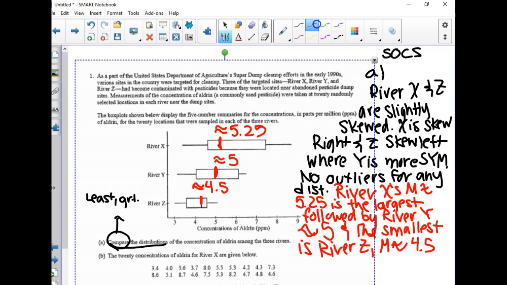Okay, next, let's talk about the IQRs. IQR, what is IQR as a review? Interquartile range, which is quartile 3 minus quartile 1. Okay, so quartile 3 here is approximately, let's say 7.5. Should we say approximately 5? Yeah.